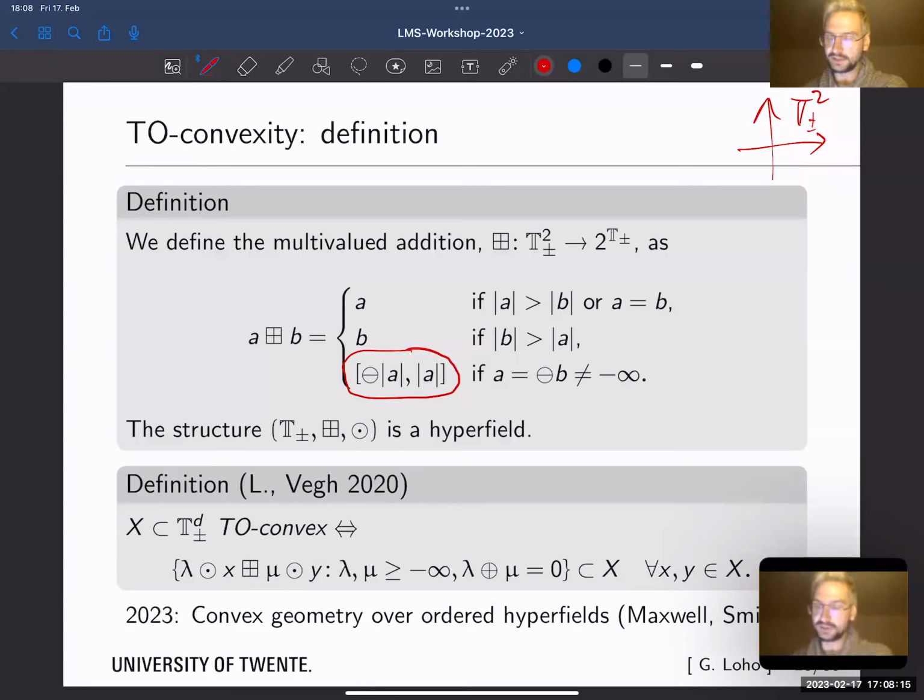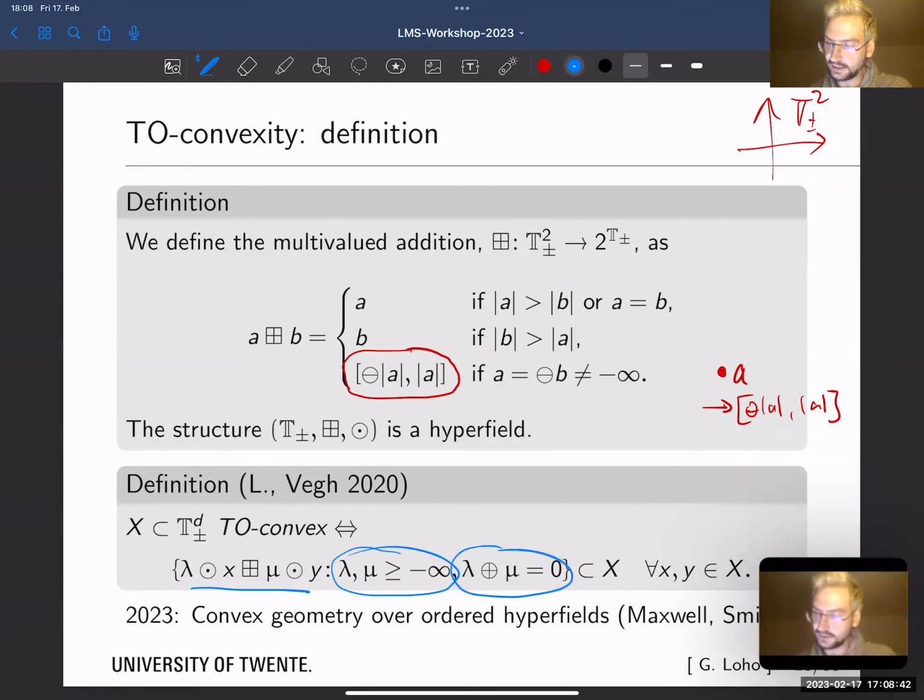If we use this operation, which really just replaces this balanced A by this interval, this is really the idea, then we can essentially just use the usual formulation of convexity by non-negative linear combinations, such that the scalars sum up to 1.